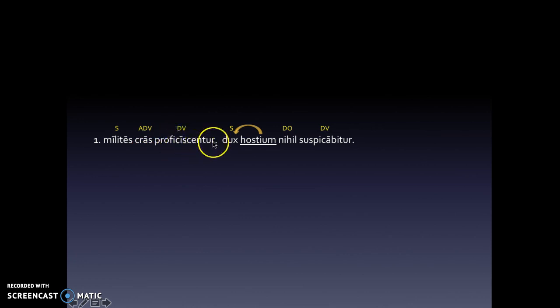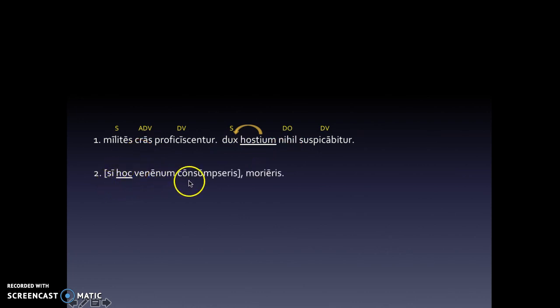It's a deponent, so it looks passive, but we're going to translate it actively. Our subject, this is a direct object, and we've got another deponent. So the soldiers will depart tomorrow. The enemy's leader, or the leader of the enemies, either way's fine. So the enemy's leader will suspect nothing.